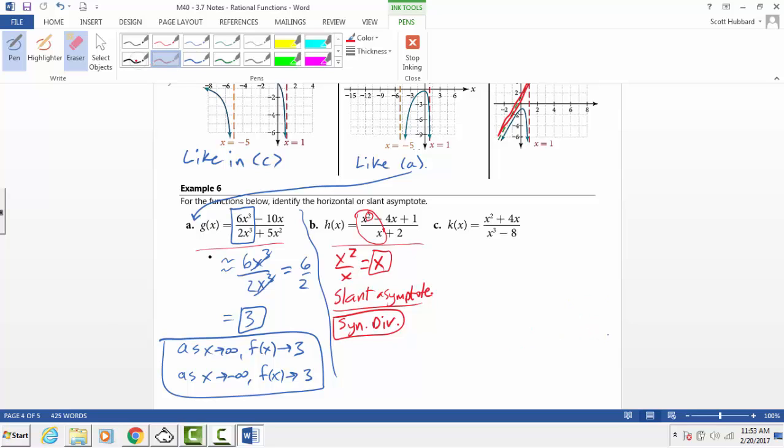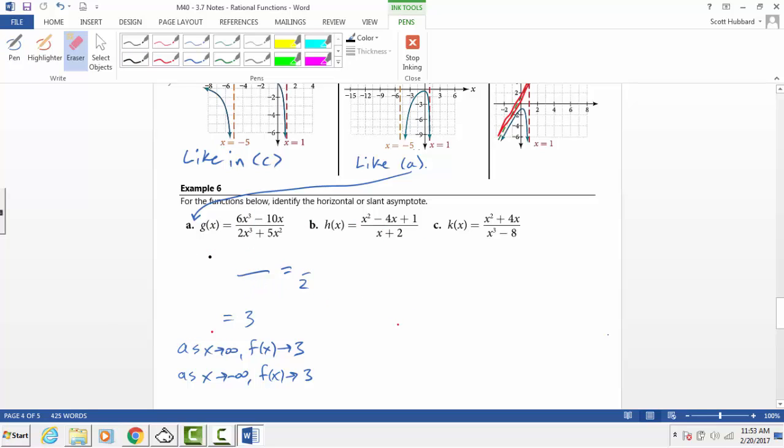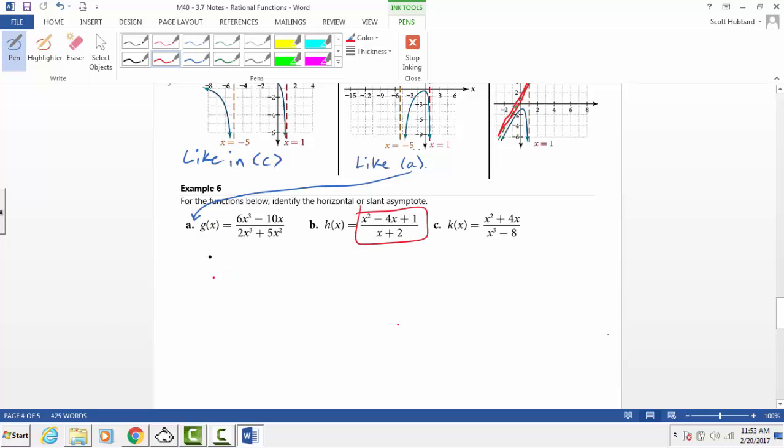So if I take this, and again, what I want to do is just find the slant asymptote. Okay, so I'm just going to take this and do synthetic division. X minus 4, 1.